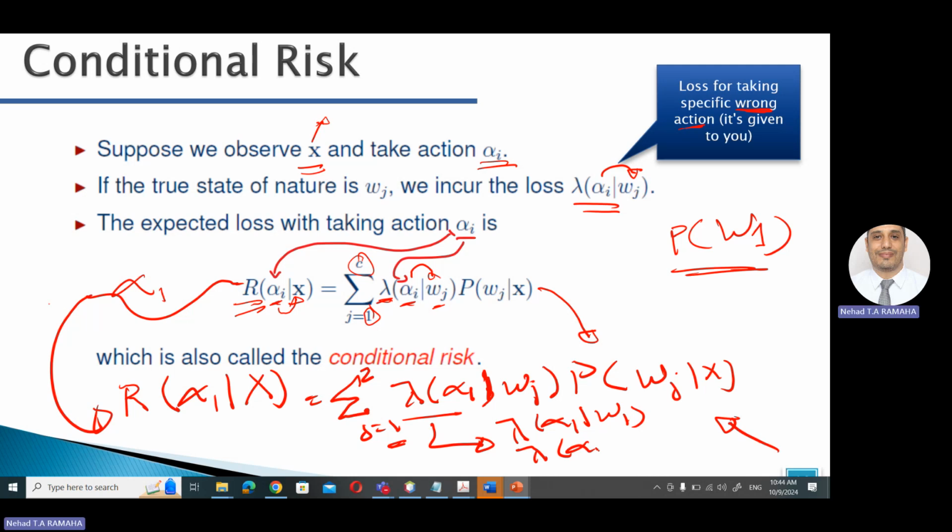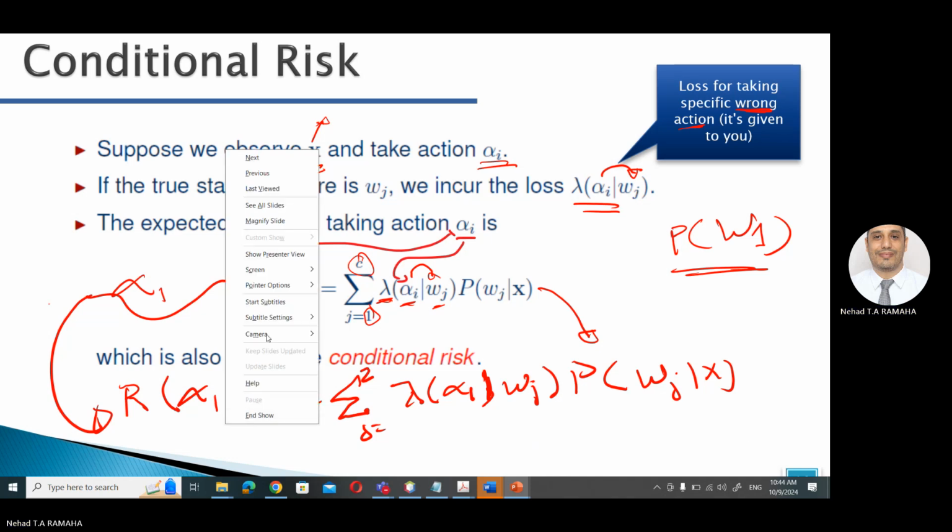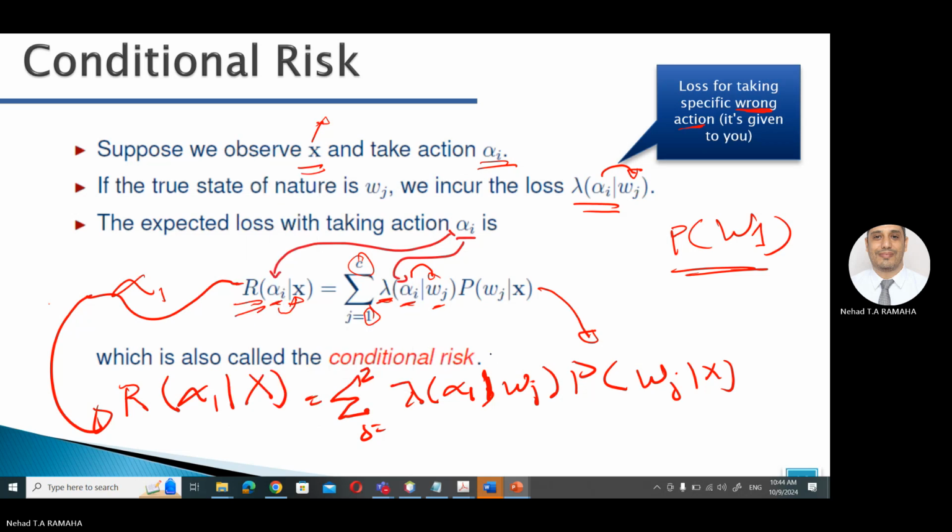From where you get it? So let me write it in another way and in another color. Okay, then this one equals.